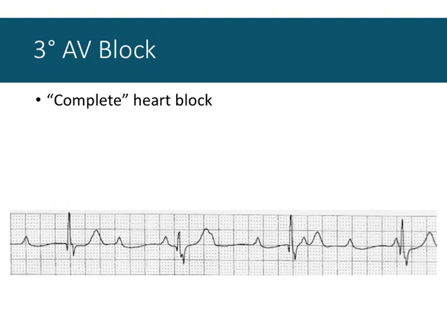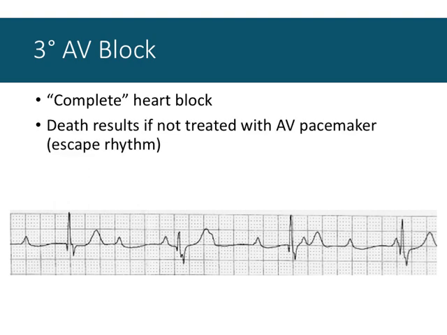If you have absolutely no signal being generated or conducted from the AV node through to the ventricles, and there's no heart contraction, there's no blood moving to the rest of the body. So what I'm showing you in this complete heart block scenario is a treated complete heart block. So death results if you have complete block and you don't install a pacemaker.